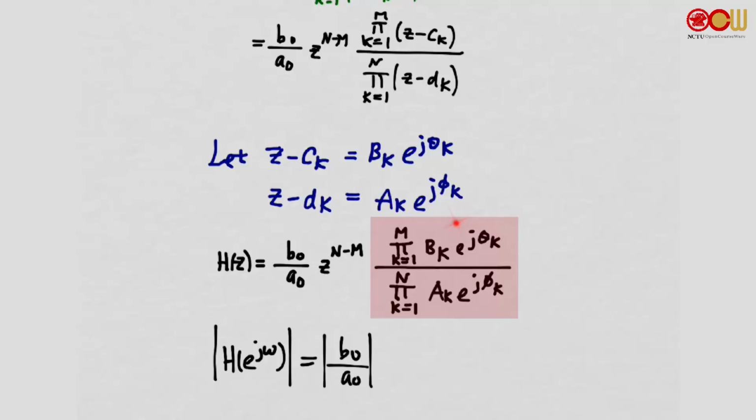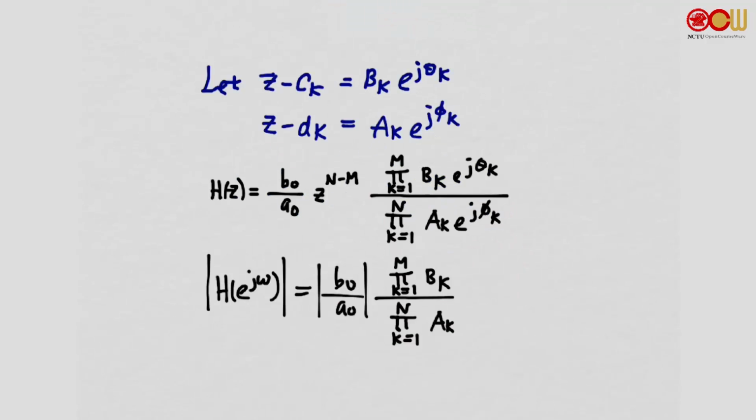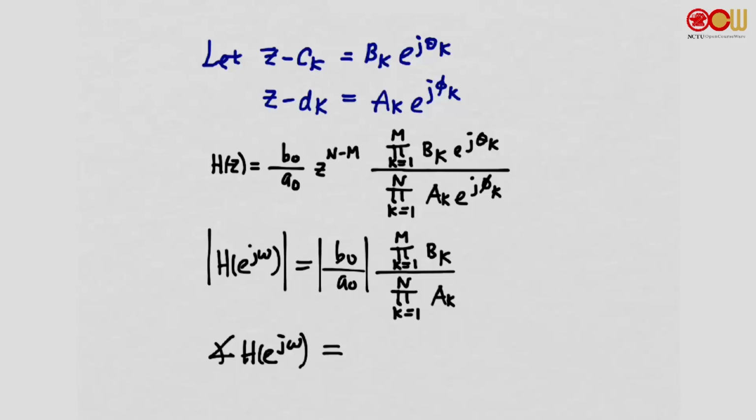And if we take the absolute value of this term, all the phase terms go away, and we are left with the product of the b_k in the numerator and the product of a_k at the bottom. How about phase response? To consider phase response, we can simply add up the phase of this term and this term.